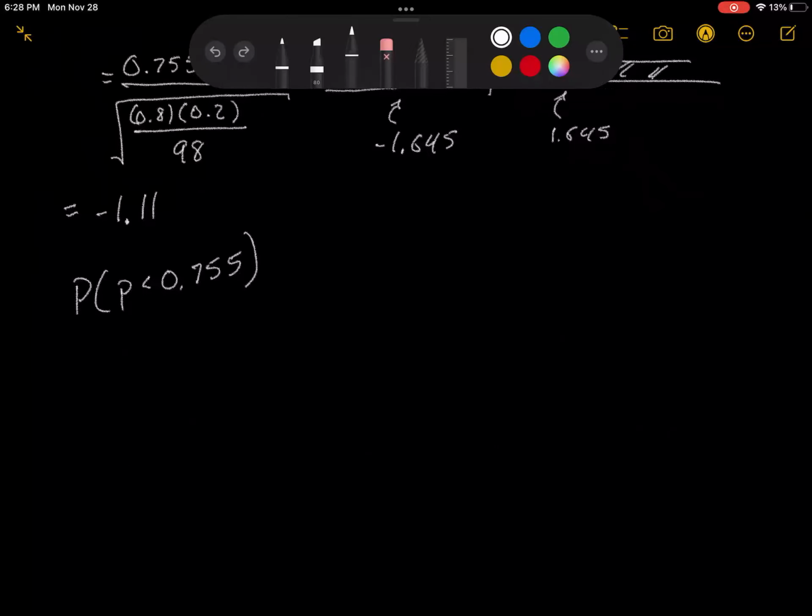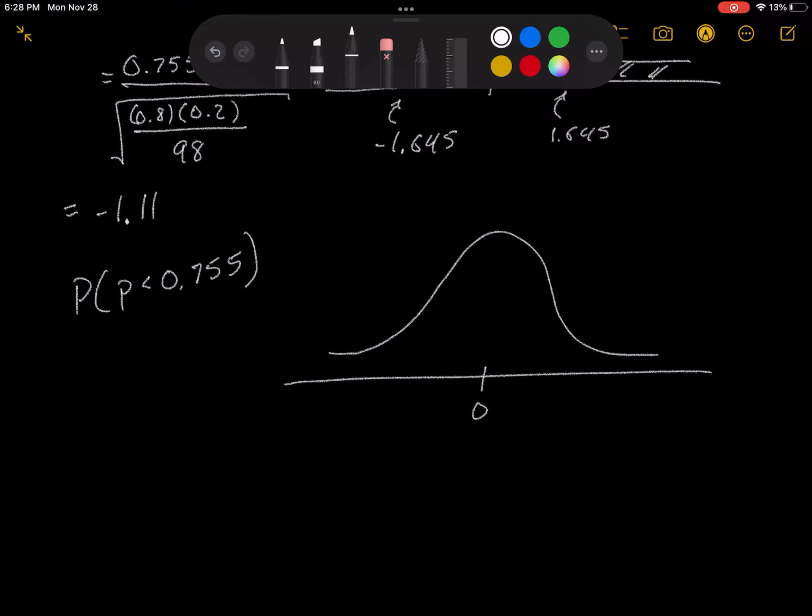In order to find this, let's draw that picture again. It's the same picture over again. I just have to shift it down. So there's 0.8. Here's 0.755. I want to find the area on the left side of that point. So I need to turn it into a z-score, but we've already done that. That z-score is minus 1.11.